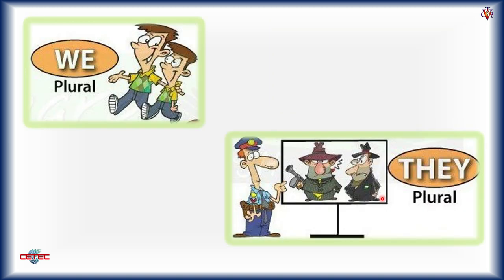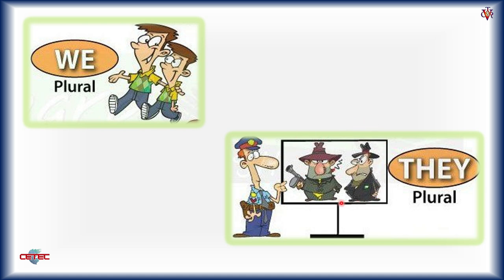Now, we. We is plural. Here, you are included in the team or group. We. So more than two, and you are included in here. They is plural. And here, it's when you are talking about other people.